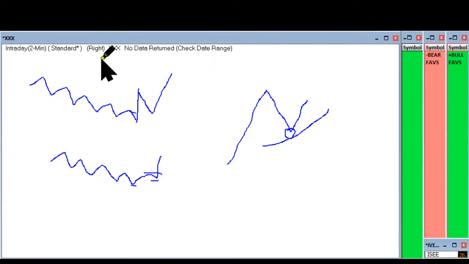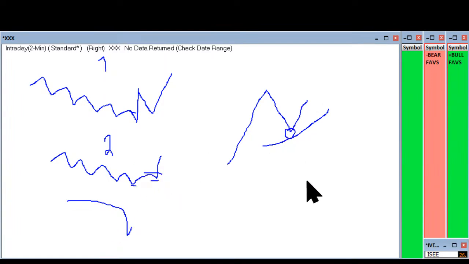Okay, so that's one scenario. Second scenario, and the third scenario is when it accelerates, goes a little climactic on the smaller time frames into the 20 MA on the larger time frame. Does that make sense? So those are the 3 ways that I use for playing buy setups and sell setups.